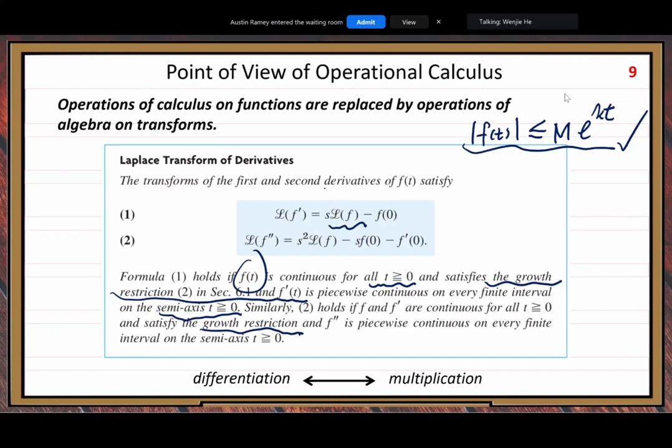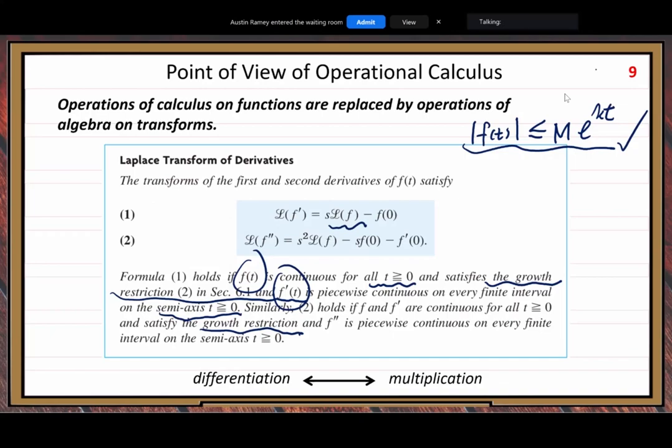So here you can see we do not require the f prime function to satisfy the growth restriction, because we can derive it by the definition of the Laplace transform.